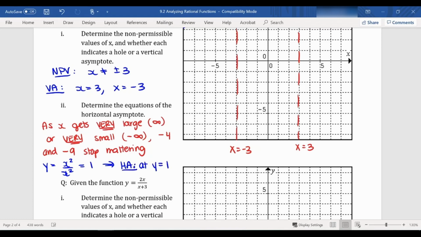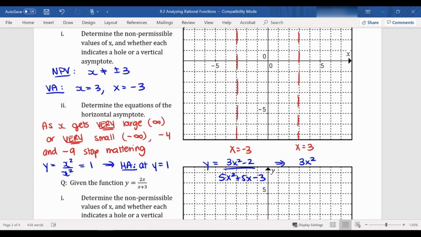Okay? So if the degree of the numerator is equal to the degree of the denominator, what you're really looking at is the highest power of x on the top and the highest power of x on the bottom, and you're going to look at the coefficients. So if I had something, maybe you could write this down if you want, but you don't need to. If I had something like y equals 3x squared minus 2 over 5x squared plus 5x minus 3, again, as x gets very, very large, the -2 stops mattering, so the top becomes almost like 3x squared.